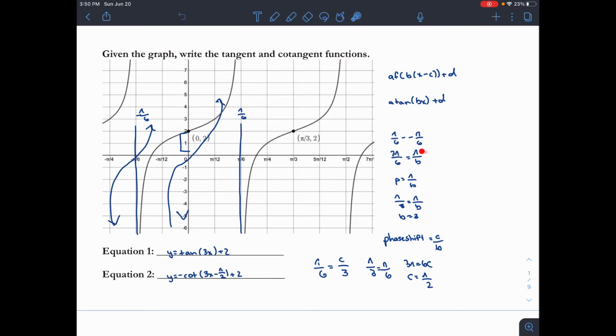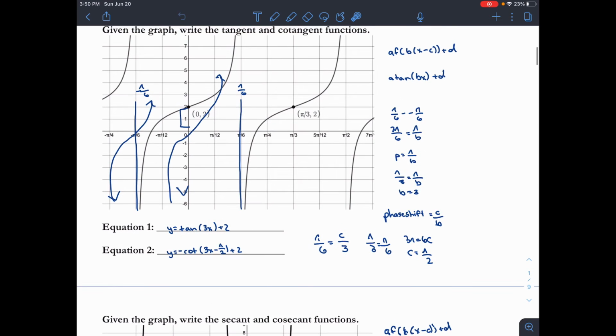And we have to set that equal to that previous equation that we also used, which is pi over b. We would solve for b in order to get our b value in the equation, and then we have pi over 3 equals pi over b, and then b would just be 3. So that's y equals tan 3x.